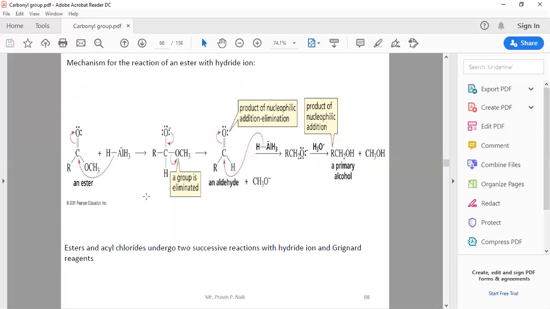Another example: instead of acid chloride, if we are using ester and it is reacted with hydride, then again it forms aldehyde as an intermediate, and this aldehyde then reacts with a second molecule to give the primary alcohol. So in both the cases, we get the primary alcohol.